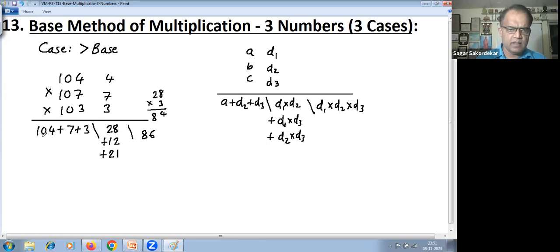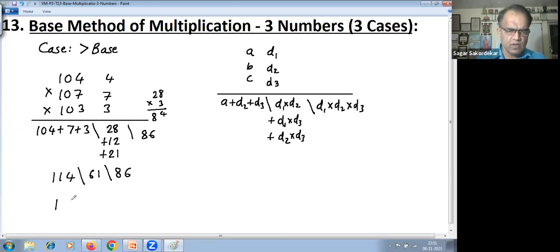First we'll complete this. 104 plus 7 is 111, plus 3 is 114. This is 20 plus 1, 21... 1 carry 1, 5 plus 1 is 6, so 61. Again you are getting matching digits, 2 digits, 2 digits, base is 100, so it is correct.